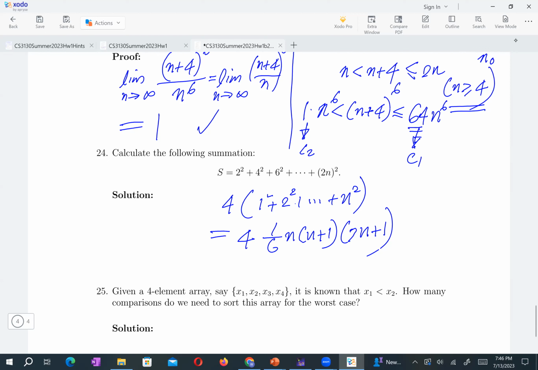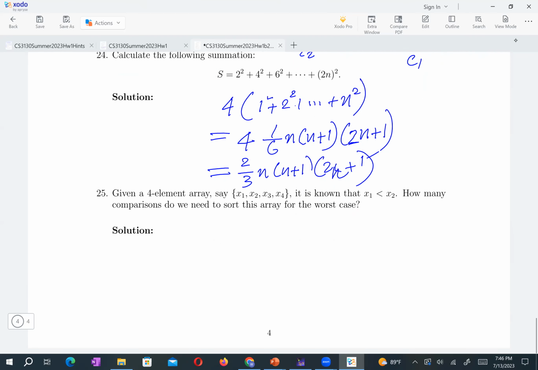Then simplify it: 2/3 times n plus 1 times 2n plus 1.